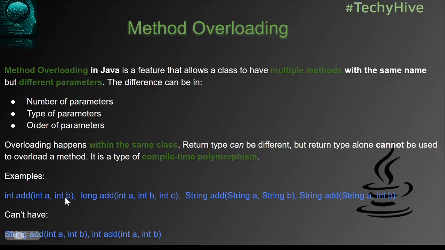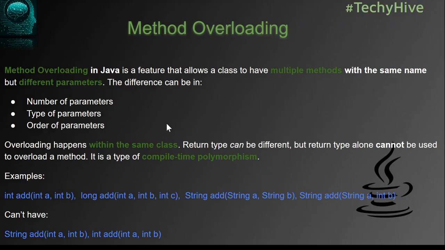You can see here we have given four examples of the add method. In the first example, we have two arguments with the same type. In the second example, we have three arguments of the same type, and then we have a third example where we have different types of arguments here. We have the number of arguments the same, but types are different here. These are the possible definitions or declarations of the method for method overloading.